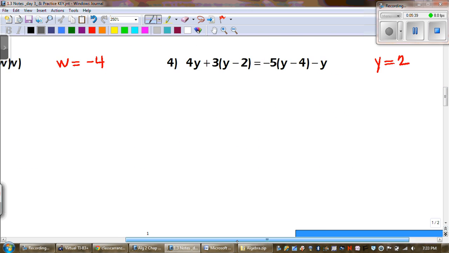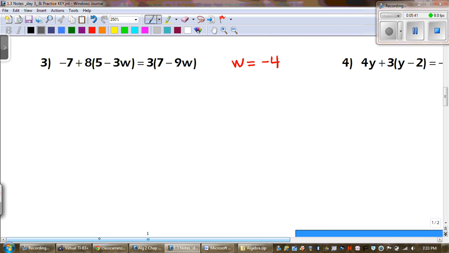All right, let's move on down. Number 3. On the left side, I need to distribute that positive 8 to both terms. And we get negative 7. 8 times 5 is positive 40 and negative 24w.